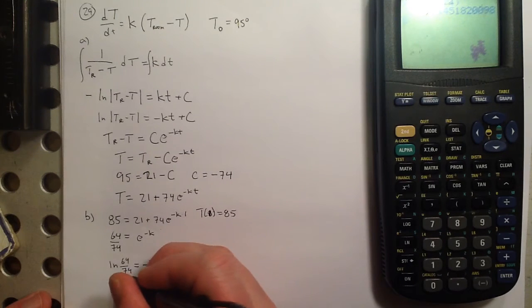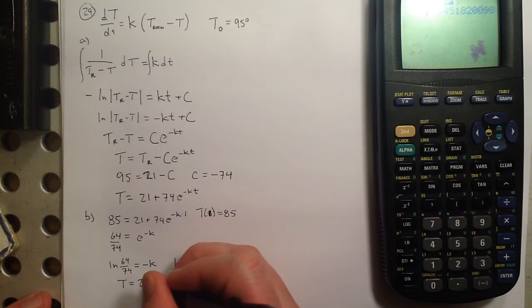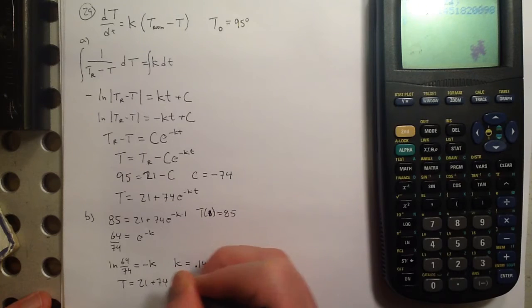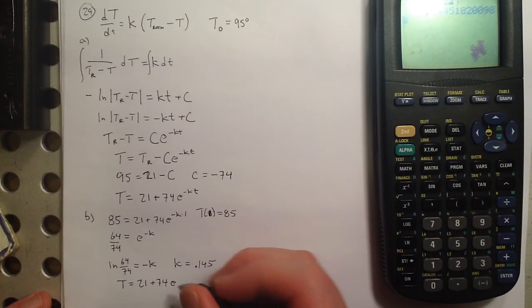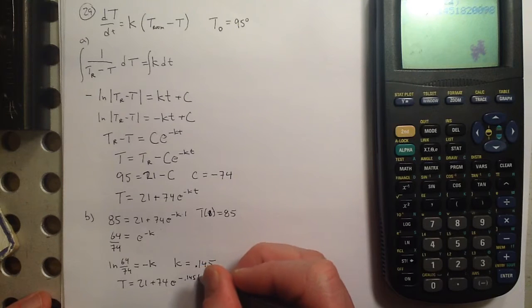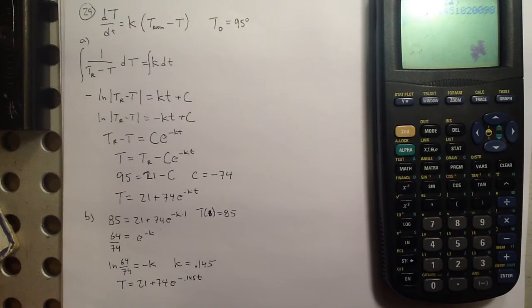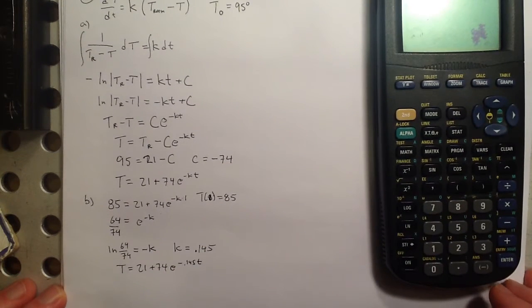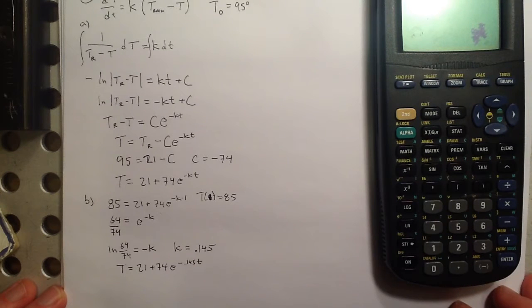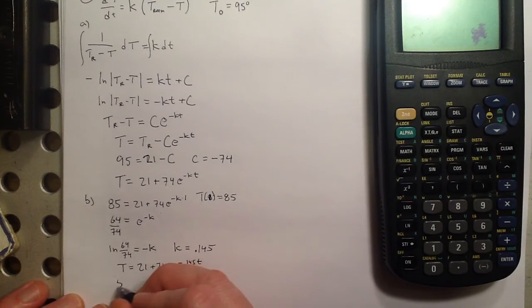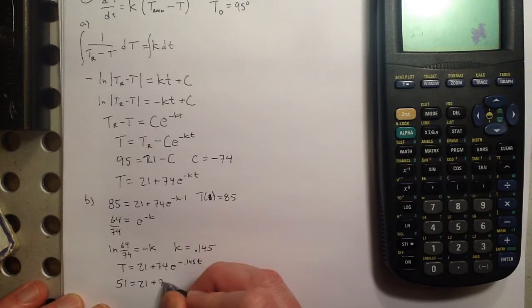So that means my model now looks like this: 21 plus 74 e to the negative 0.145 t. And they ask me now to figure out, if that's true, how many minutes will it take for the water to reach a temperature of 51? So plugging the 51 in here, and I'll be looking for a time.